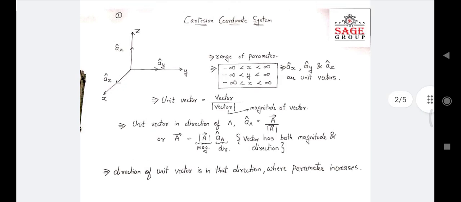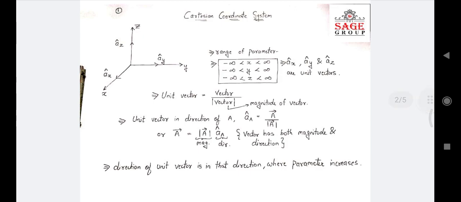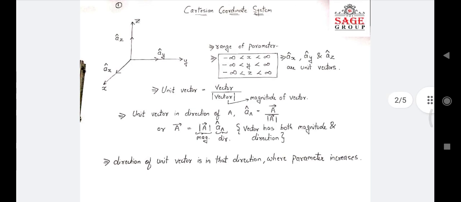So from this formula we can easily conclude that a vector is equal to its magnitude into its direction. Magnitude is shown by mod of the vector and direction is shown by the unit vector.